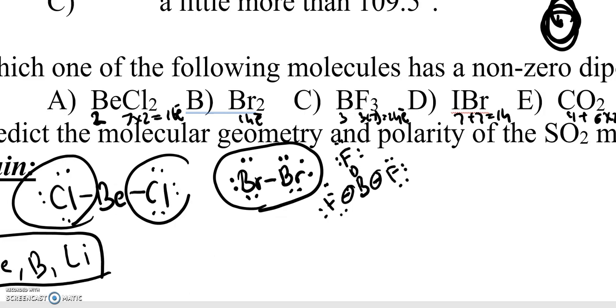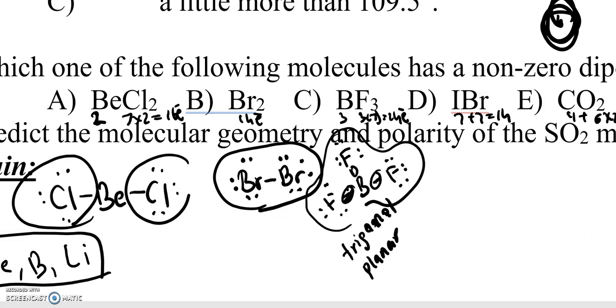So this is going to be trigonal planar. Again, this is another exception, as I stated here on the left. This is a trigonal planar geometry, and you have a very symmetric cloud. Okay.